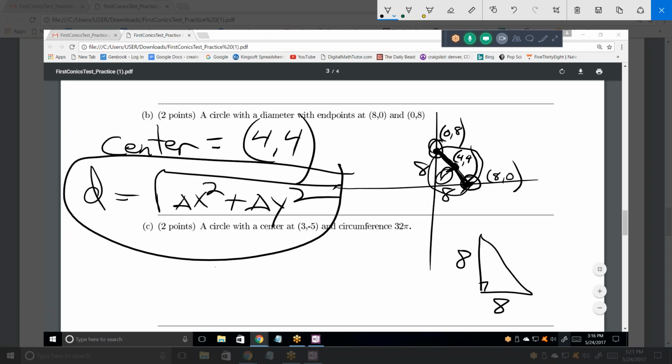It would be a squared plus b squared. So it would be 64 plus 64, and then the square root of that. So it would be 8 root 2.